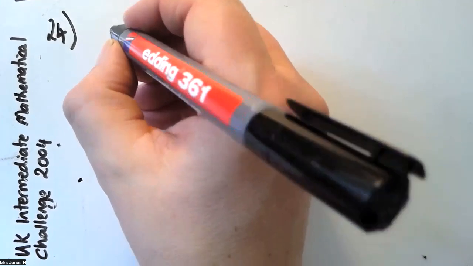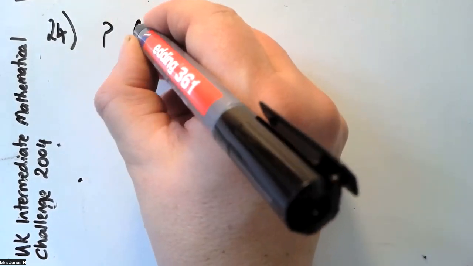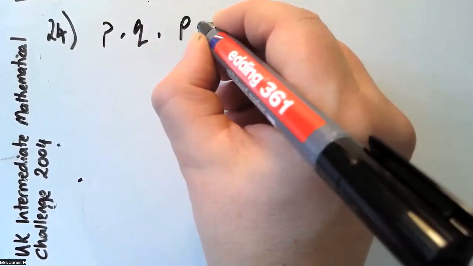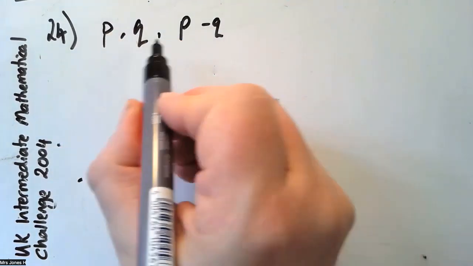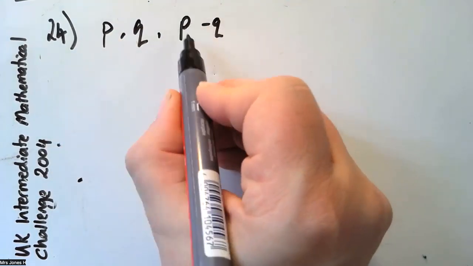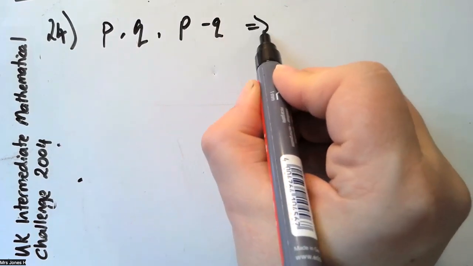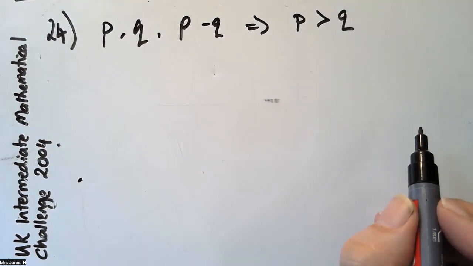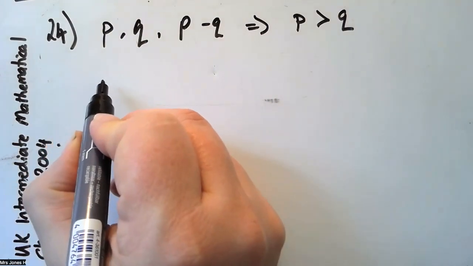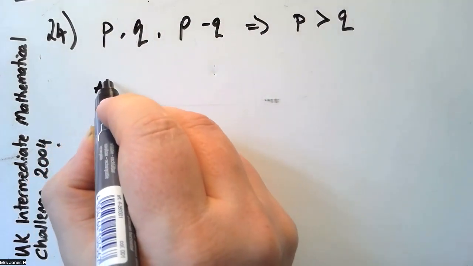So we know that P, Q and P subtract Q are all positive integers. So if P subtract Q is a positive integer, then P must be greater than Q. So let's write down those possible solutions.